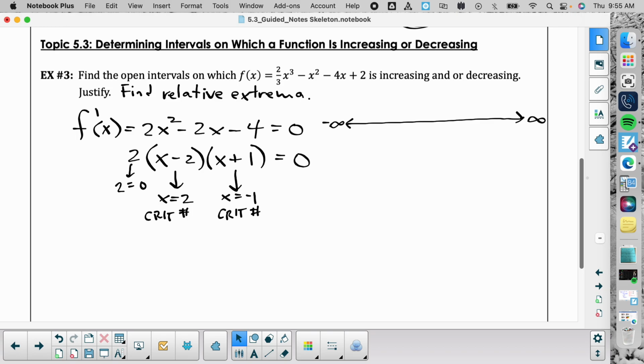So, in numerical order, -1 and 2. Good. Got it? Okay. Now, like I was trying to say, our graph is only going up or down except for at those two spots.